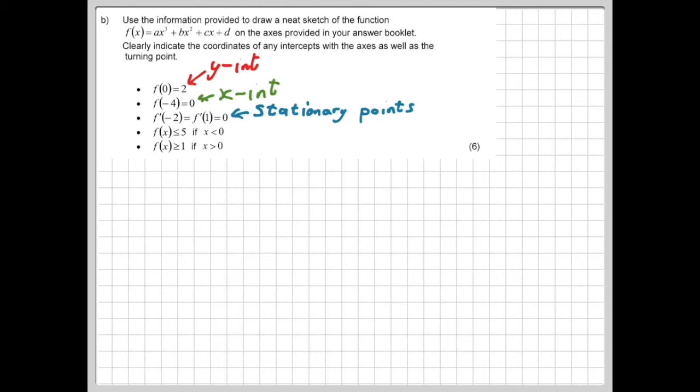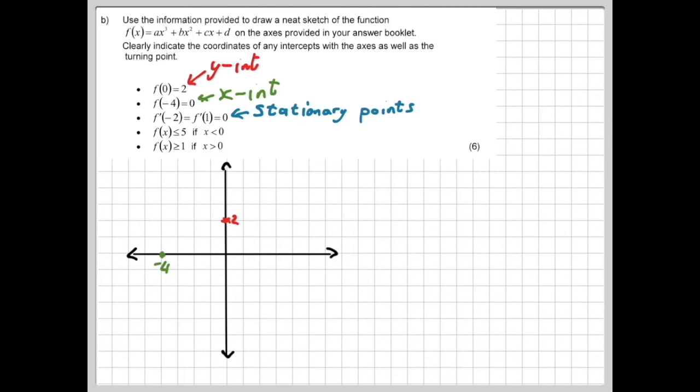And I'm going to just hit the pause button on trying to analyze further. I'm just first going to draw what I've got. So first of all, I'm going to draw my set of axes and put in the y-intercept and the x-intercept because they are simple. And here's a beautiful thing that you should never forget. If you just draw those 2 points, you would already have 2 marks out of the 6.